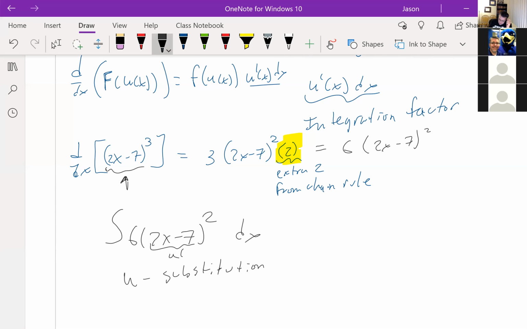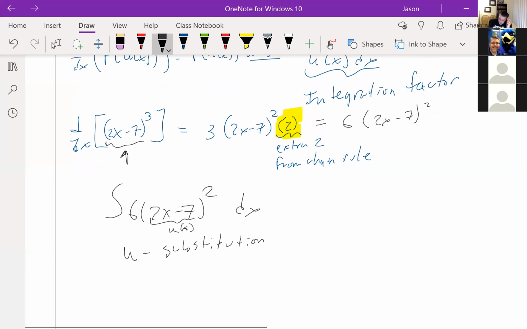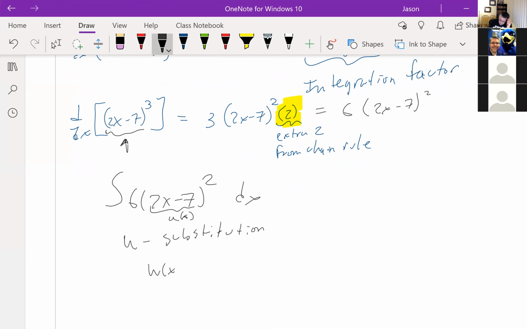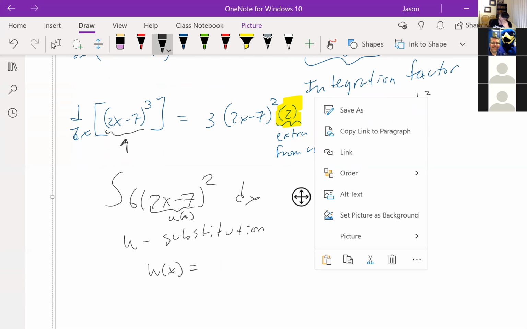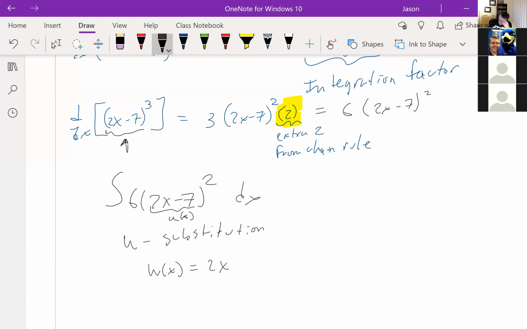That's my U of x, the inside. So I'm going to let U of x equal 2x minus 7. The U of x in this problem, the inside, is 2x minus 7.